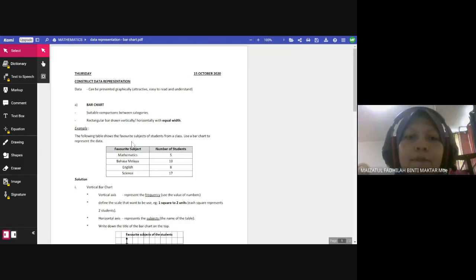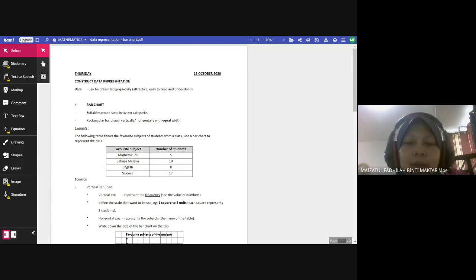The first one you can represent using is a bar chart. A bar chart is suitable for comparison between categories, and we use rectangular bars drawn either vertically or horizontally.